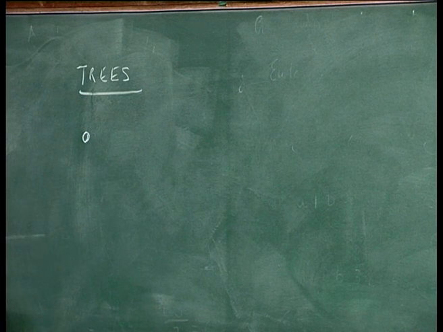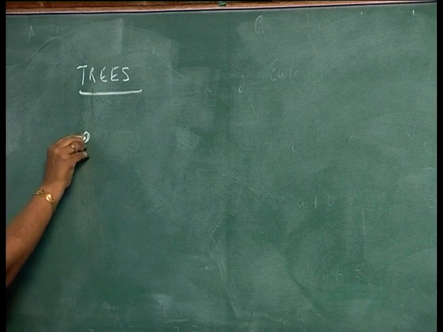In the case of undirected graphs, we talk about the degree of a node. In the case of directed graphs, we talk about in degree and out degree. What is in degree? The number of edges entering into that node is called the in degree. The number of edges leaving that node is called the out degree.